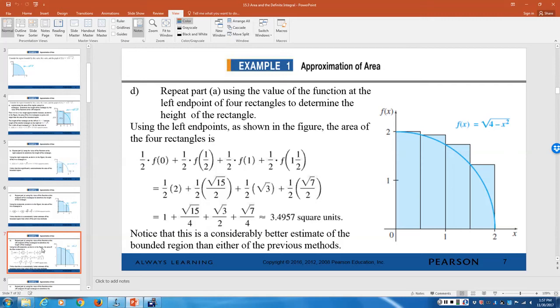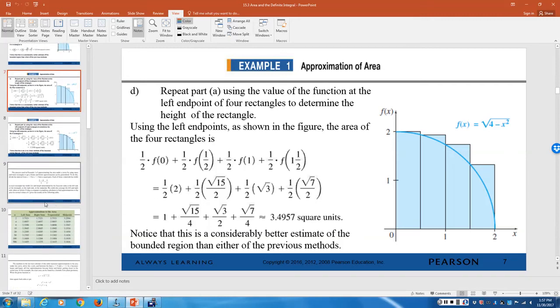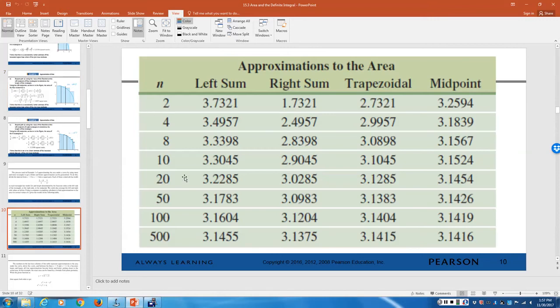What we found out by doing it several different ways was that if you had more rectangles, regardless of whether they were what we call left rectangles or right rectangles, or even if we used a trapezoid, which is a rectangle with a piece of triangle on top of it, or midpoint rectangles, we got the best approximation by doing 50 of the midpoint rectangles. 100 made it a little bit better, and 500 made it almost perfect.